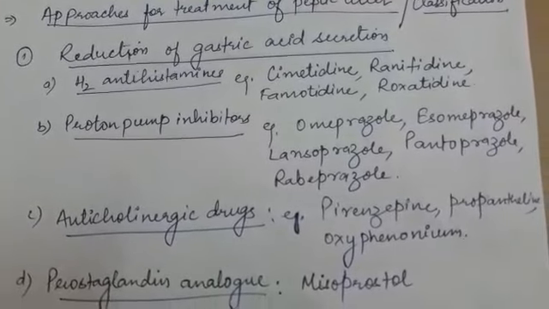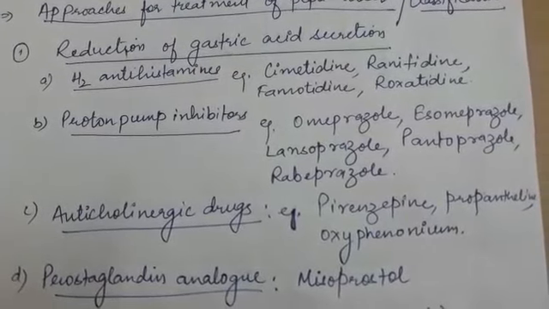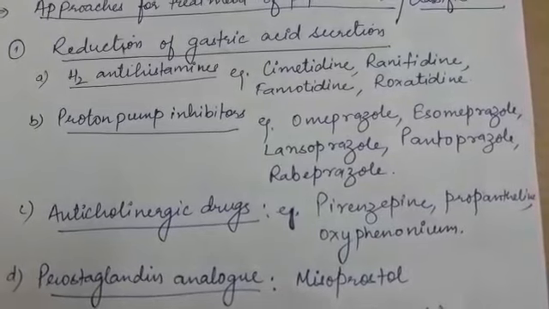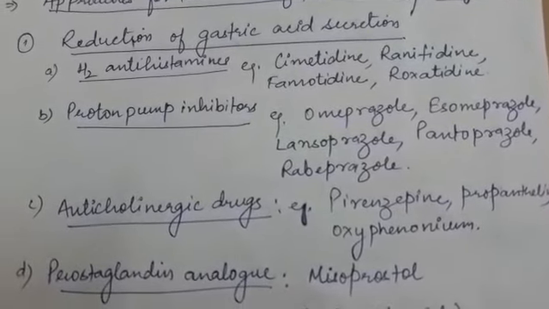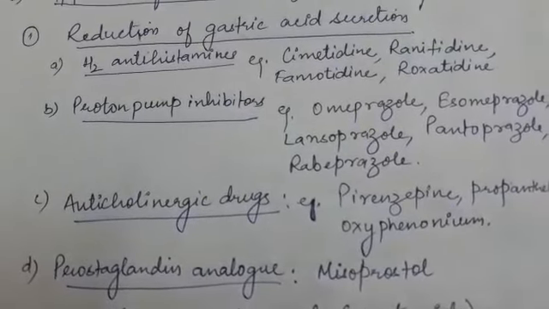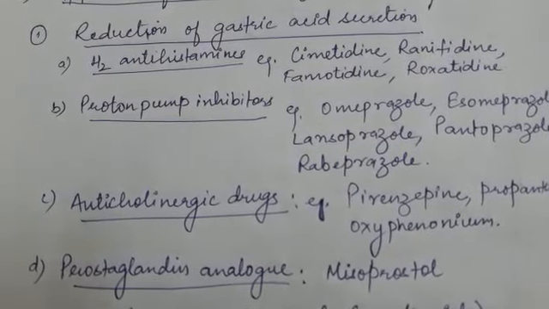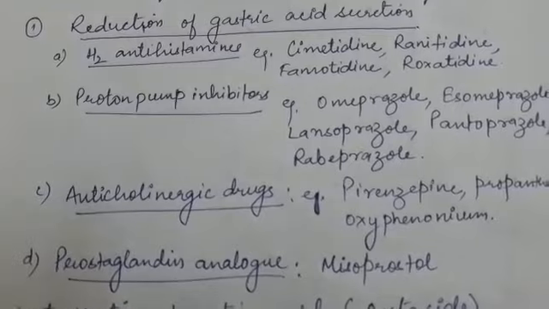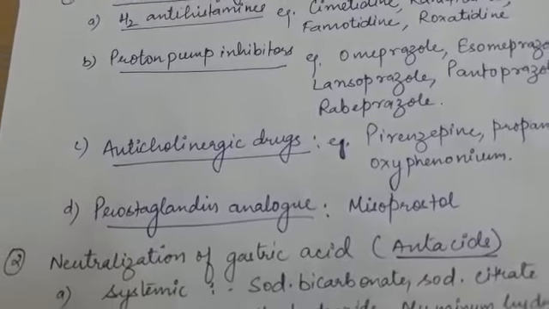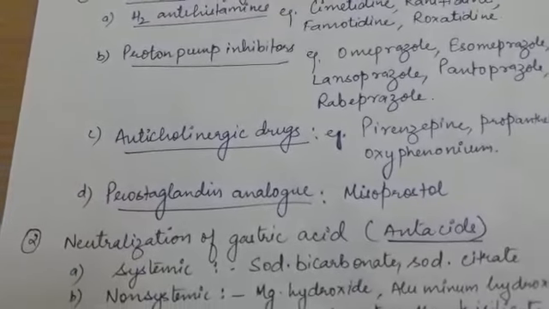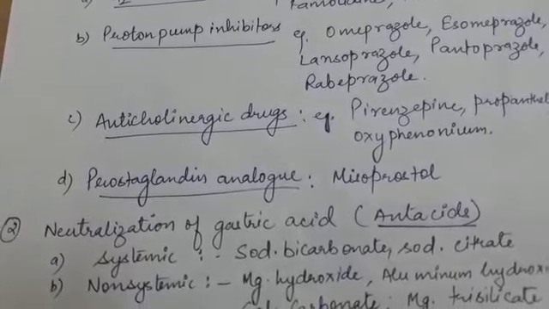In anticholinergic drugs, you have already read these examples: pirenzepine, propantheline, and oxyphenonium. The last subclass is the prostaglandin analog. Example is misoprostol. Then the second class is neutralization of gastric acid.